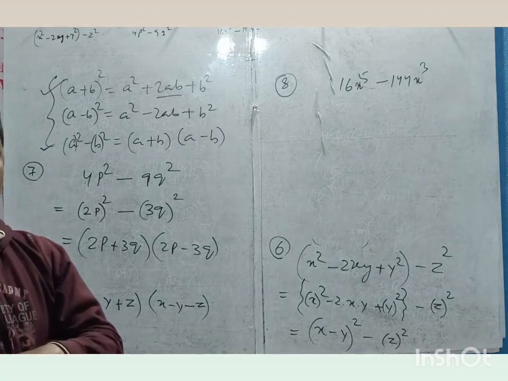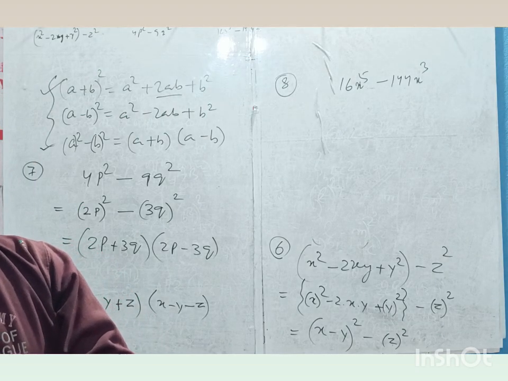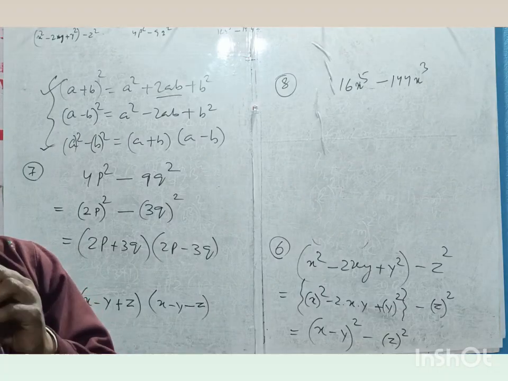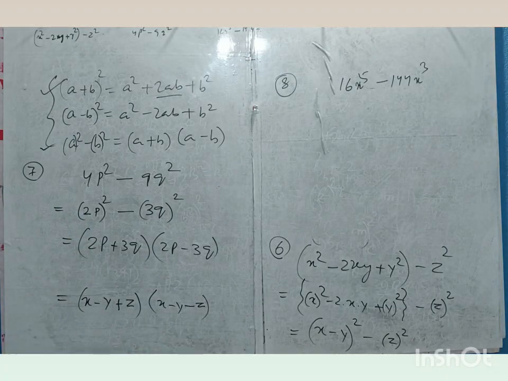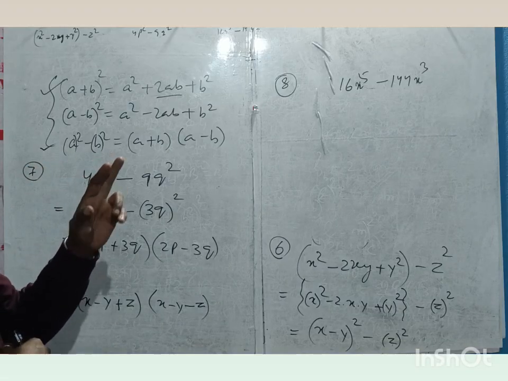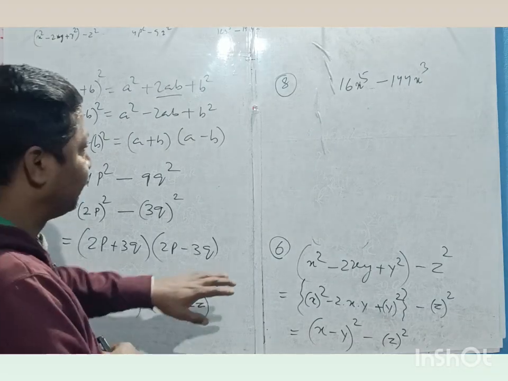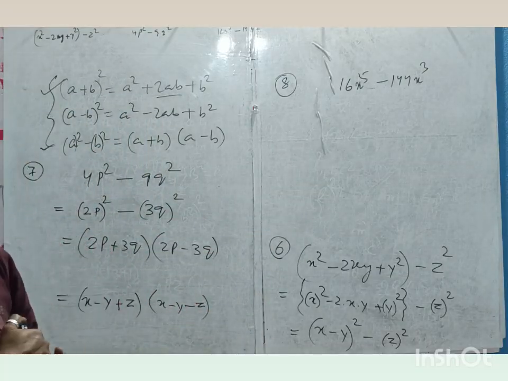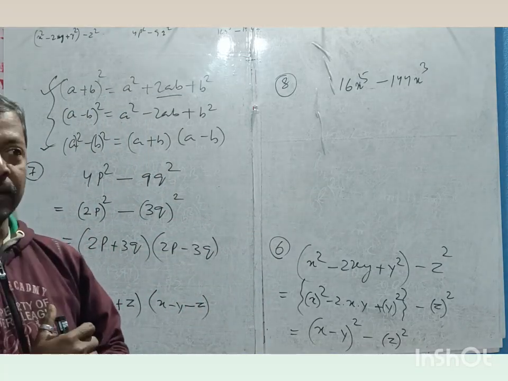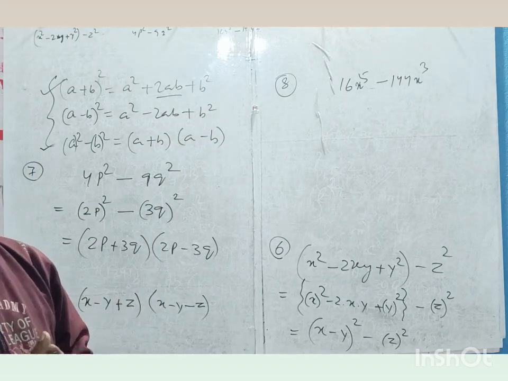If after thinking deeply for a long time you do not know which identity will fit, first of all there must be something common. Listen to me carefully. If there is no identity fitting the expression given in the question, it means that there must be something common in the terms.